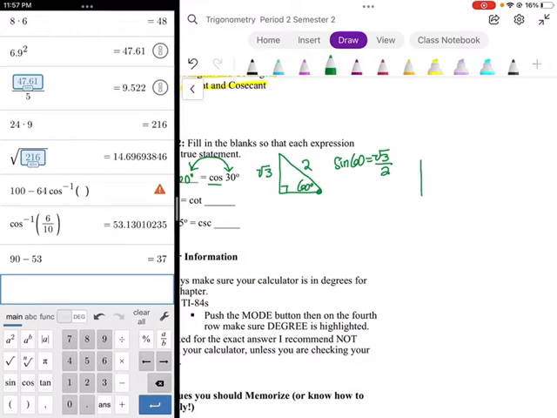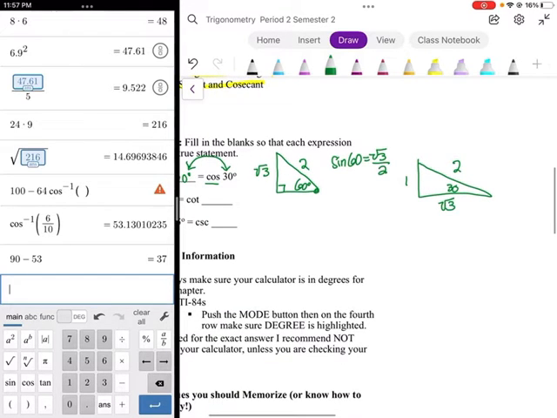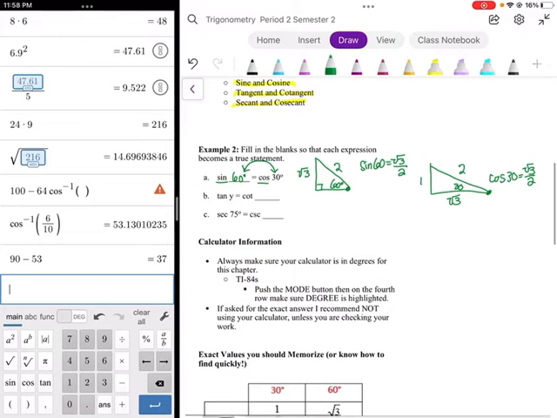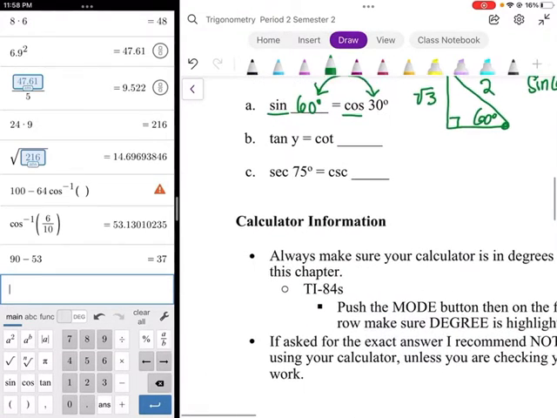Then, if we were to find the cosine of 30, you would notice that is also the square root of 3 over 2. So that's what it means to be cofunctions. That if you found the function value for each of them, they're going to equal the same thing. So that's why they're cofunctions.